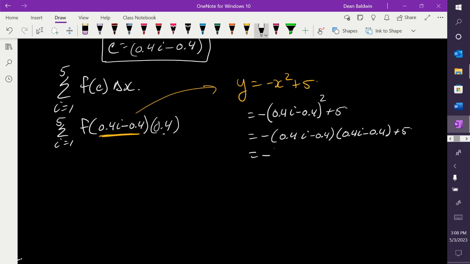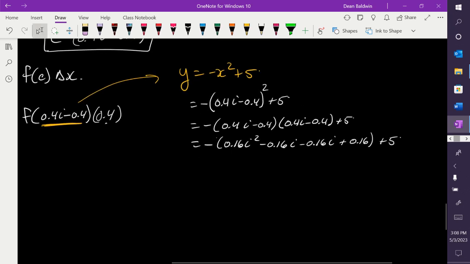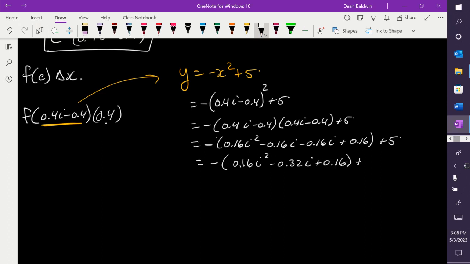What's 0.4 times 0.4? There you go, 0.16. Negative 0.16i squared, minus 0.16i, minus 0.16i, plus 0.16. We can do it with fractions if you want. Minus 0.32i plus 0.16 plus 5.